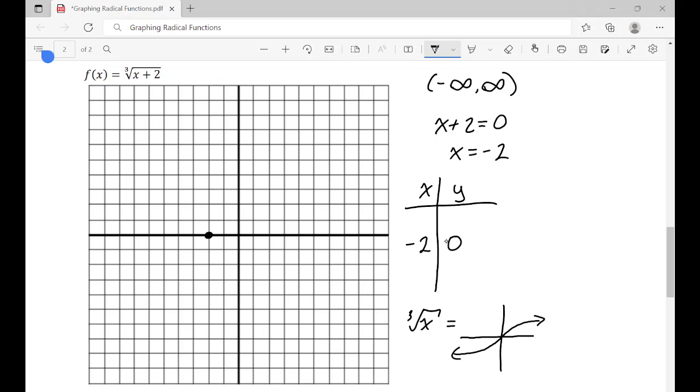Because it's a cube root function, I'm going to go one lower than my first value and one higher than my first value. So I'm going to have negative 3 and negative 1, and I'm going to plug them in.